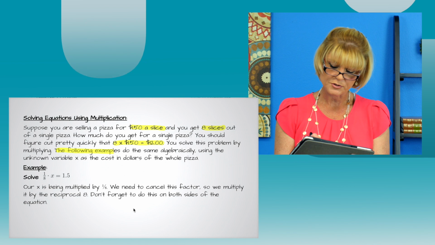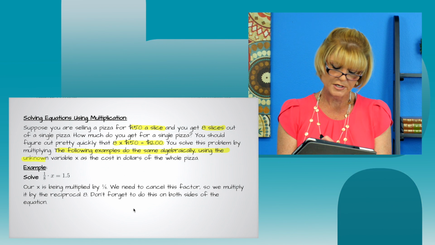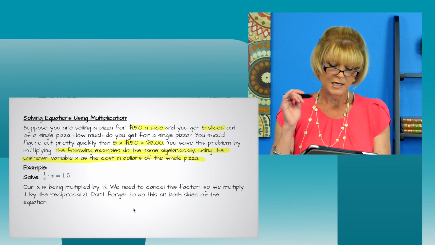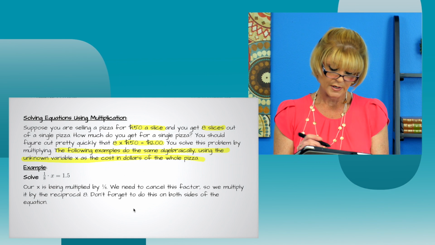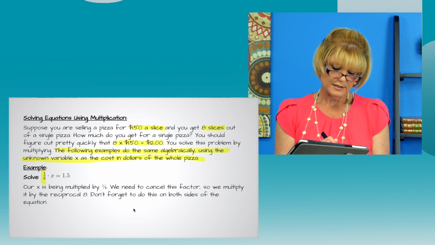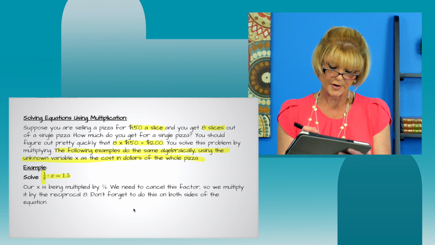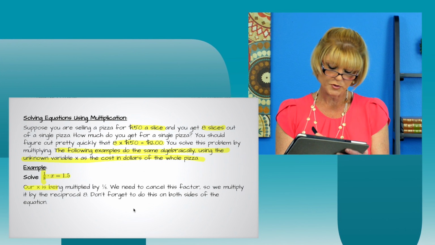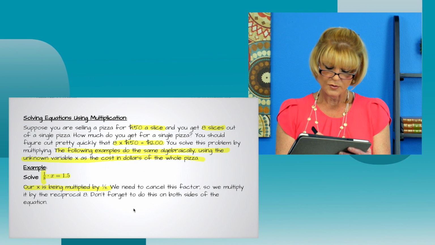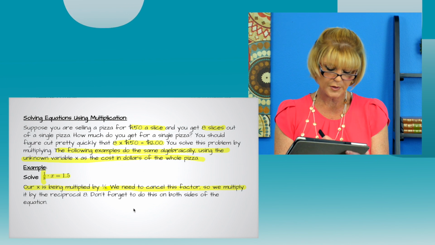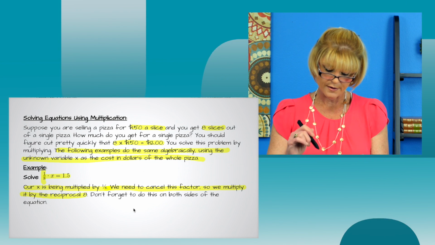The following examples do the same algebraically using the unknown variable x as the cost in dollars of the whole pizza. So 1 over 8 times x equals 1.5. So our x is being multiplied by 1/8. And we need to cancel this factor, so we multiply it by the reciprocal, 8.